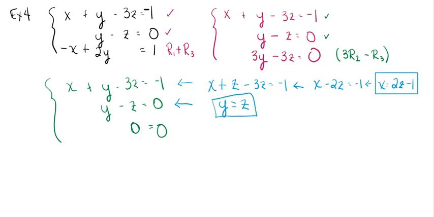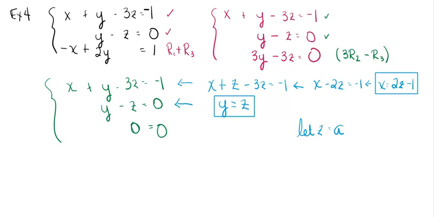So how do I write that as an ordered triple? Well, what we're going to do is we're going to replace my z with any number. I can choose any number I want with z. So what I'm going to do is I'm going to let my z equal a for any number.